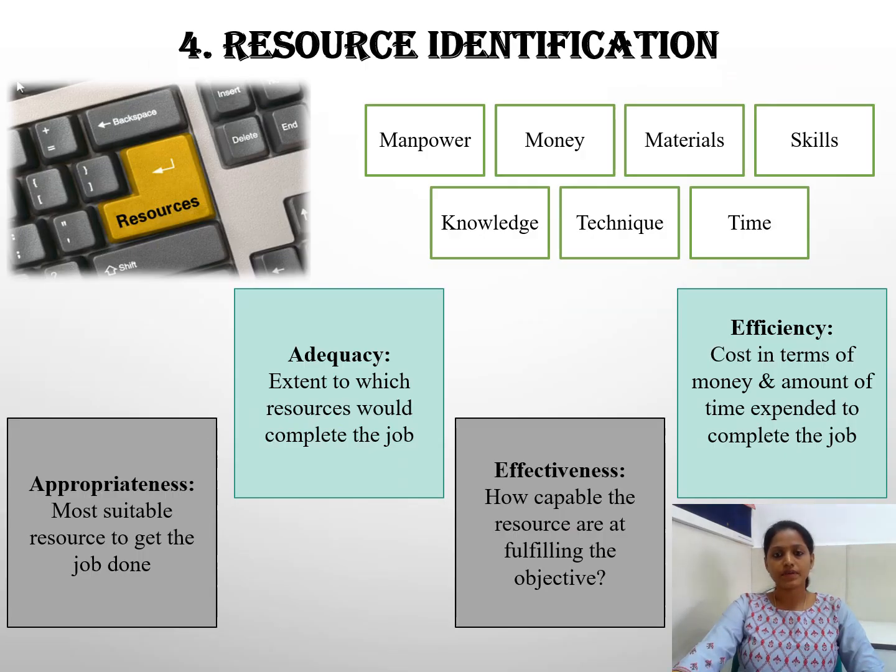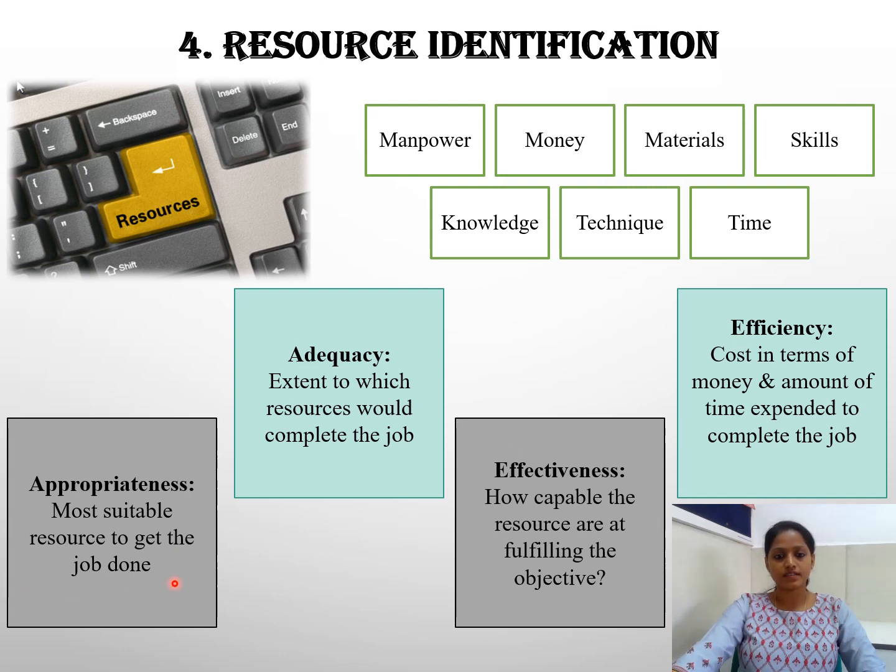The next step is resource identification. There are various resources. Actually, the term resources implies the manpower, money, materials, skills, knowledge, technique, time, etc. These are the four criteria which are used to determine what resources should be used.